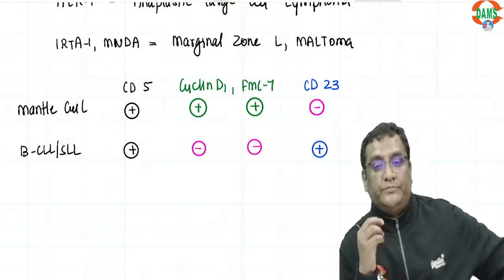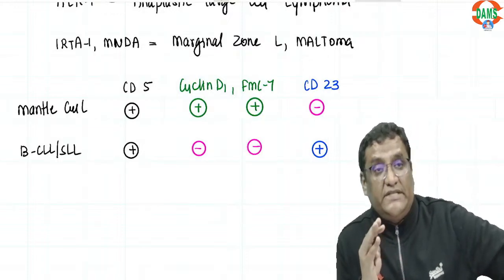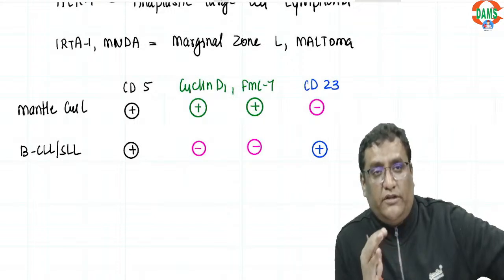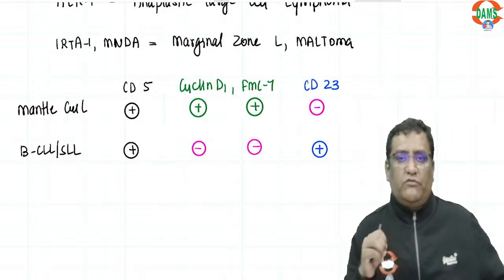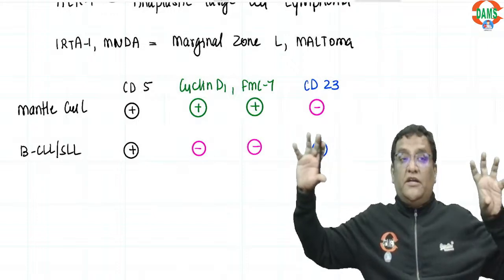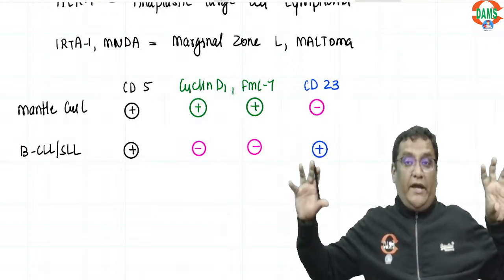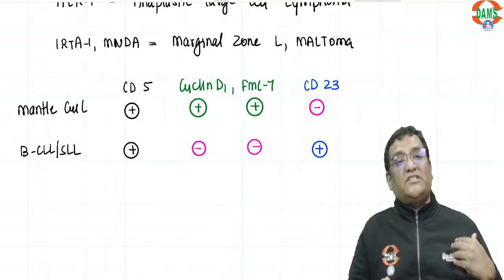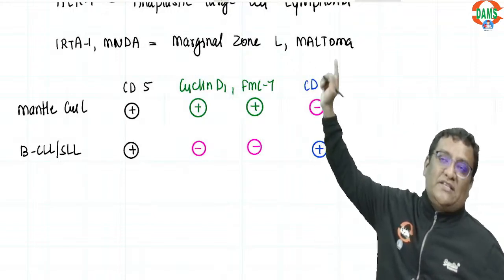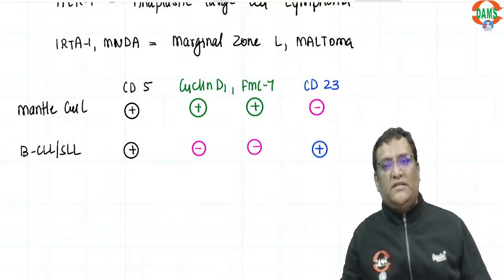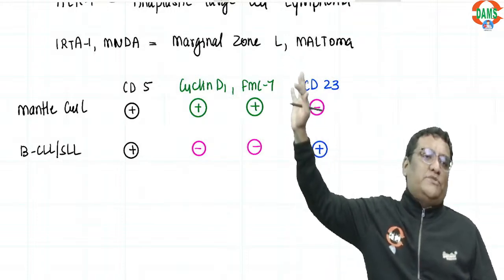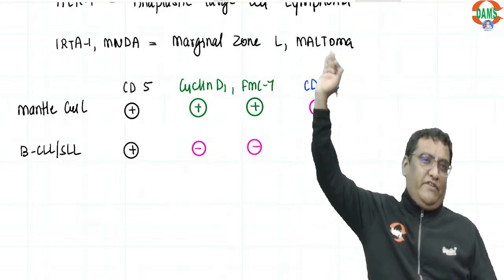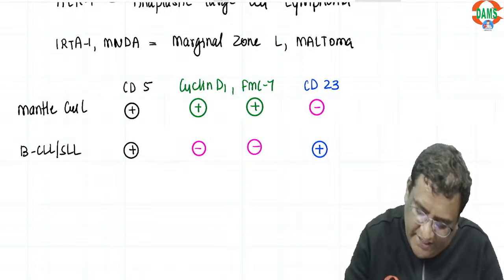I'll repeat again. BCLL SLL has two exceptions. One, dual cell origin, pre-germinal and post-germinal. But another exception is it expresses markers of pre-germinal and germinal, because CD23 is a germinal marker. So what all can differentiate mantle from CLL SLL now? Cyclin D1, FMC7 and CD23.